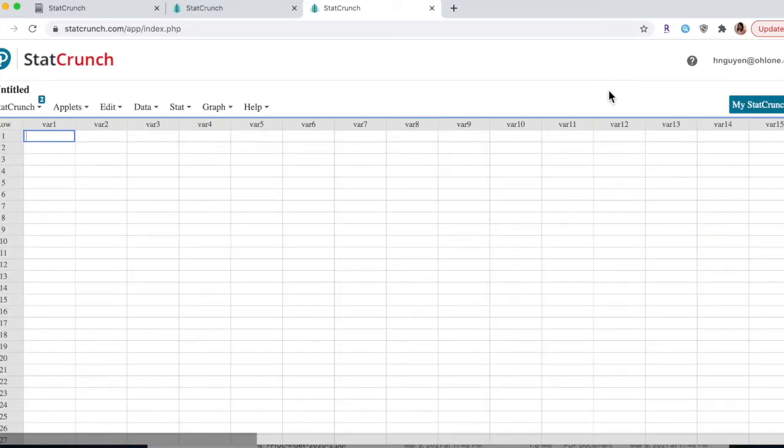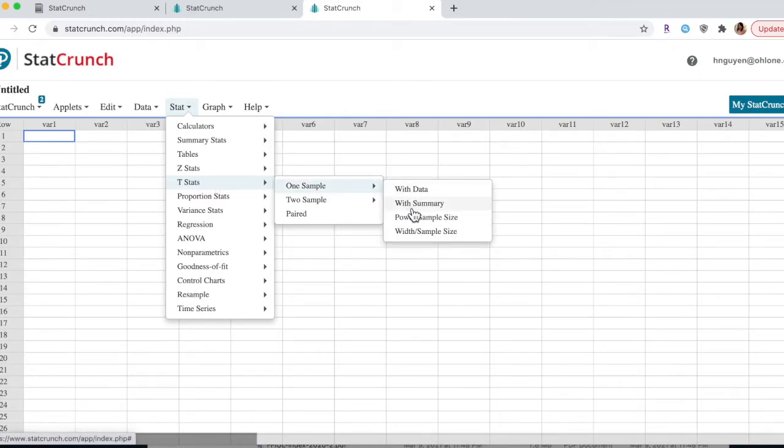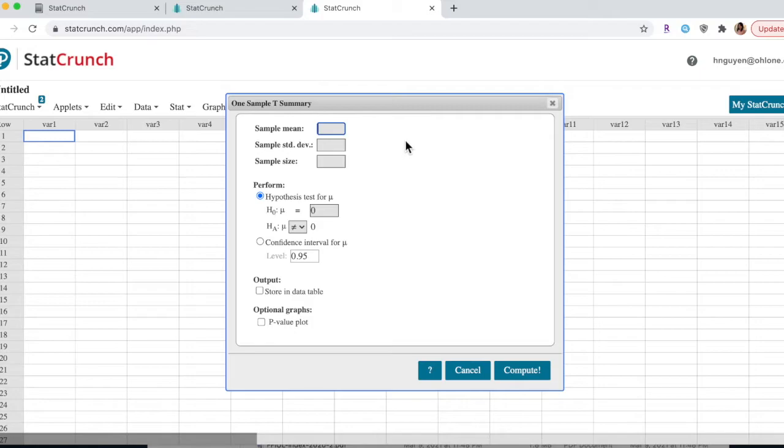To find the confidence interval for a population mean with summary statistics, we click on Stat, T Stats, One Sample, With Summary. Sample mean, which is x bar, 95. Sample standard deviation, which is s, 6.6. Sample size, which is n, 30.